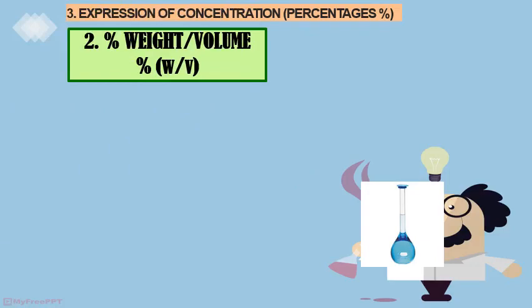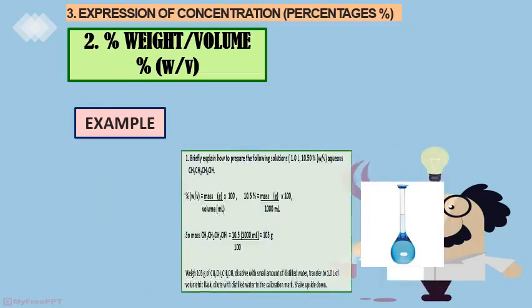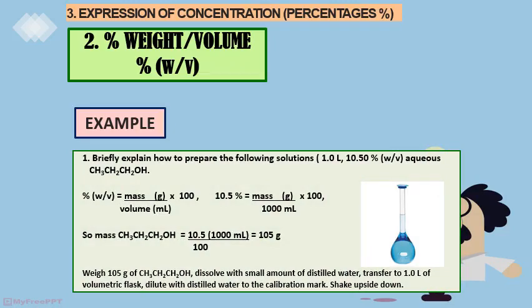Look at the example, percent weight in volume. Look at the question. Briefly explain how to prepare the following solution: 1 liter of 10.50% weight per volume aqueous propanol.